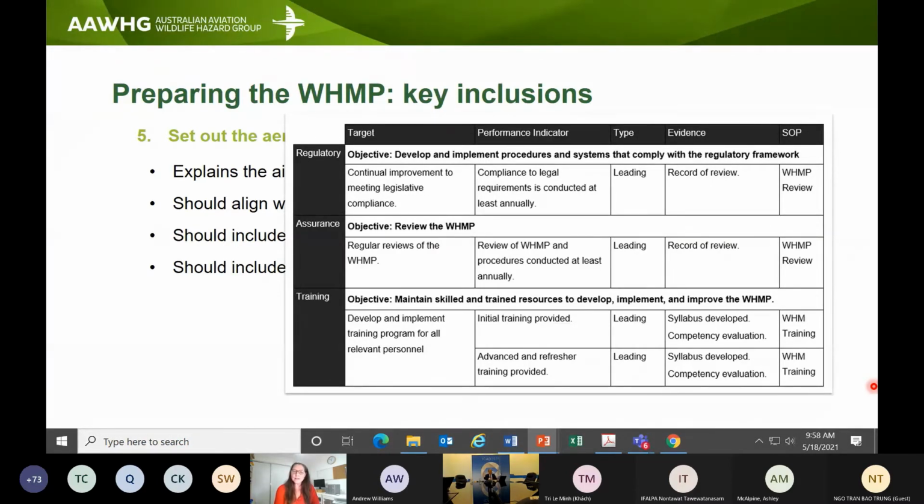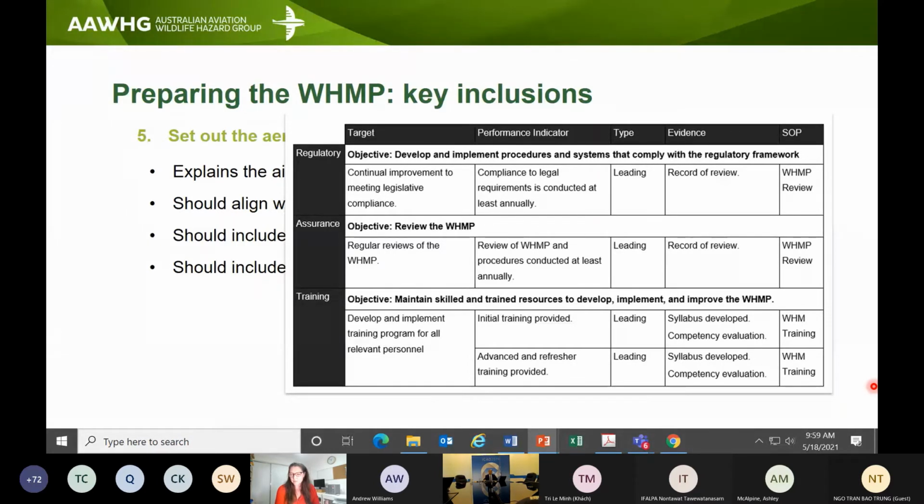They then have a target, in this instance, to continually improve to meet the compliance. They have established a performance indicator for that, so the airport can measure their performance against that target and that objective, and they have identified the sorts of evidence where they would find how they're progressing against that particular indicator, and any particular references to standard operating procedures that are linked to that.